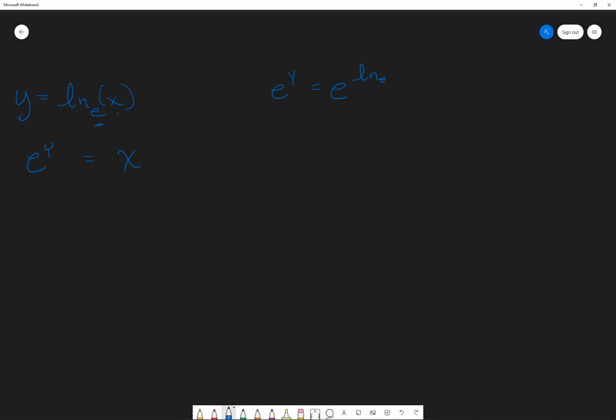This is base e of x, so this ln of x is equal to box. If the base e of the ln to the box is equal to x, then so is this e to this box. This ln of x is the box, so that means it equals x.